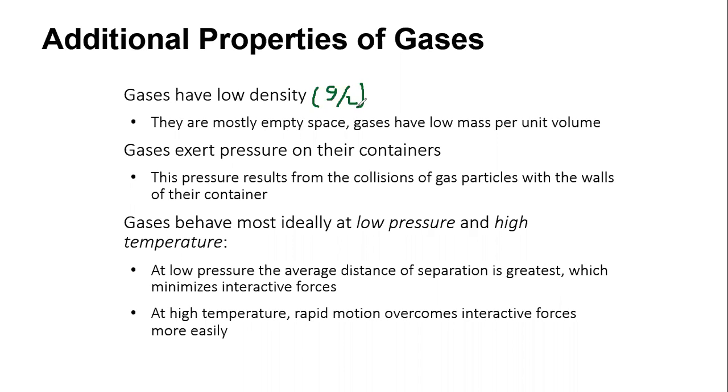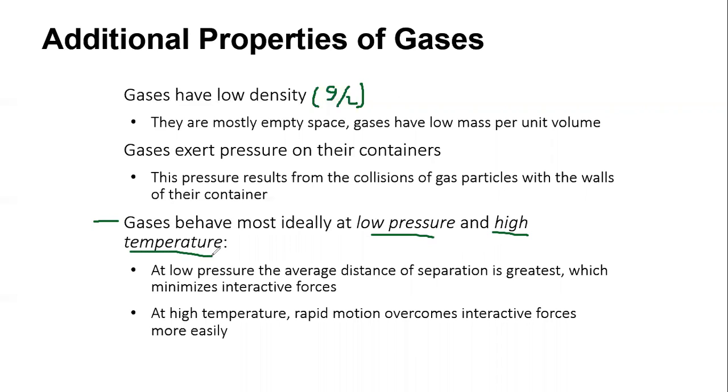We talked about gas pressure. Now, the third component is very important. Gases behave most ideally at low pressure and high temperature. So the lower the pressure of the gas and the higher temperature you keep it at, the more ideally it'll behave, meaning as we talk about these individual gas laws, as they behave more ideally, they'll follow these trends.